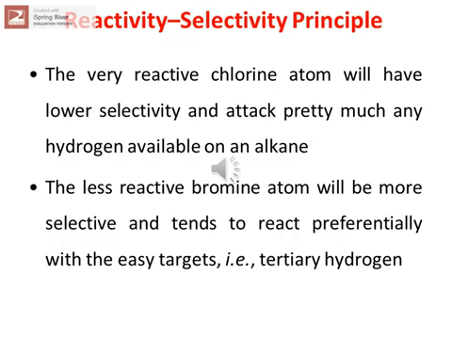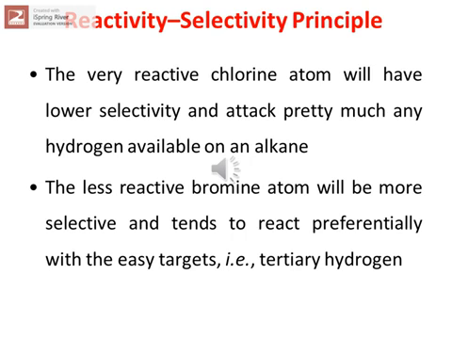However, this very high reactivity of the chlorine atom makes it very poorly selective, and it will attack blindly any of the hydrogens available on the alkane. So chlorine, because of its high reactivity, will react with any hydrogen it encounters.